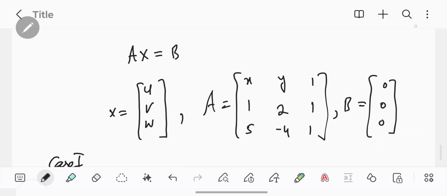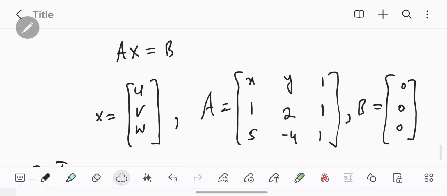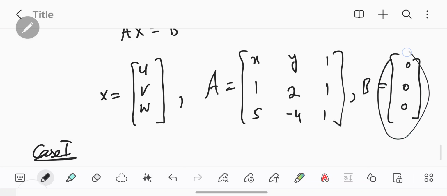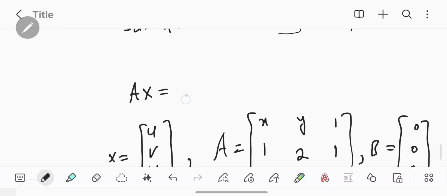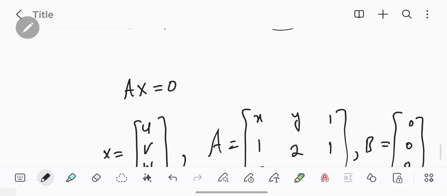In order to solve this system, we have to keep in mind this is not the general system of equations. The general system is Ax equal to b, but here instead of b we have 0, right? That means I can write here 0 because the matrix b is 0.